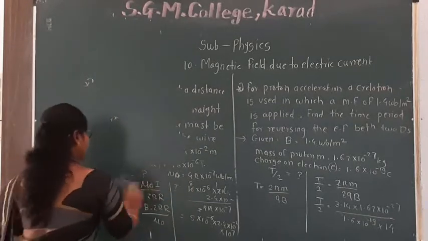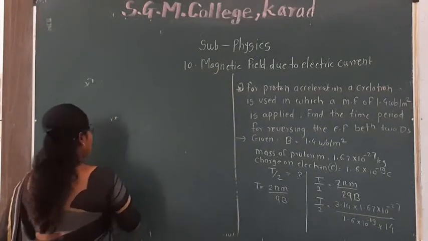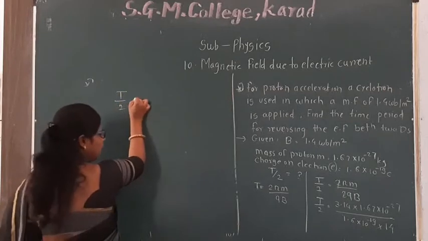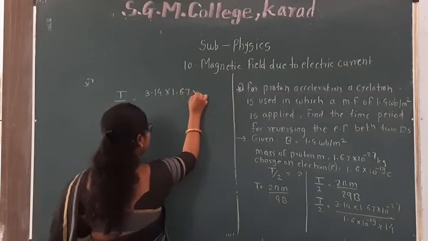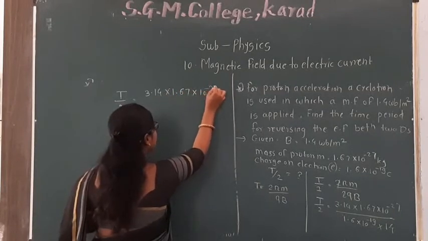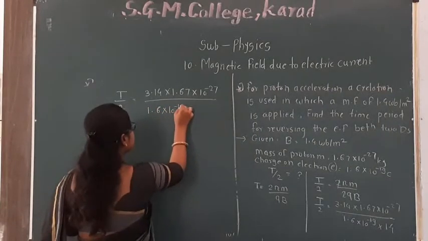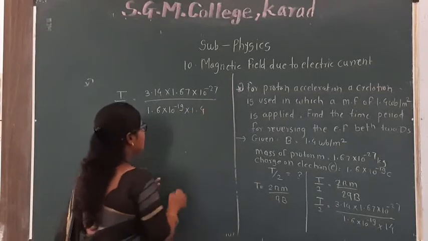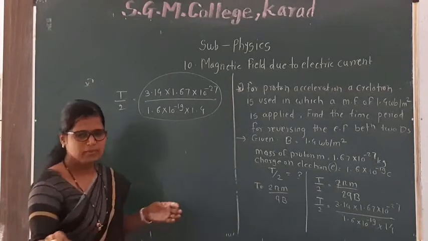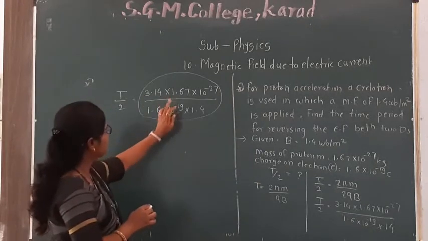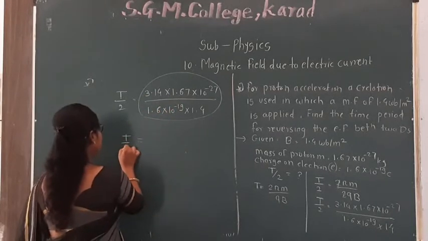Therefore, T by 2 is equal to 3.14 into 1.67 into 10 raised to minus 27 upon 1.6 into 10 raised to minus 19 into 1.4. For this calculation we need a log table, and by using the log table we can simplify this equation.